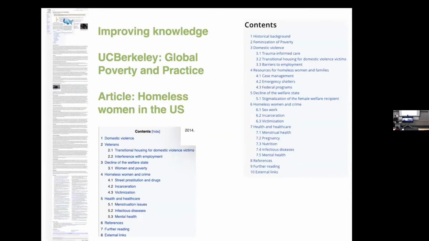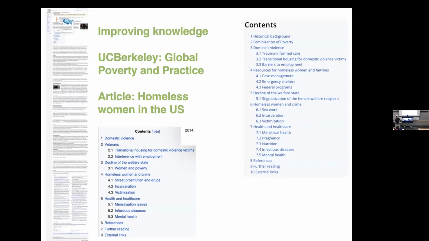On the left side of the screen is an article on homeless women in the United States. Here at UC Berkeley, in Claire Talwalker's course, Global Poverty and Practice, 3 students significantly expanded this article to include sections highlighting the shortcomings of resources for homeless women and families.